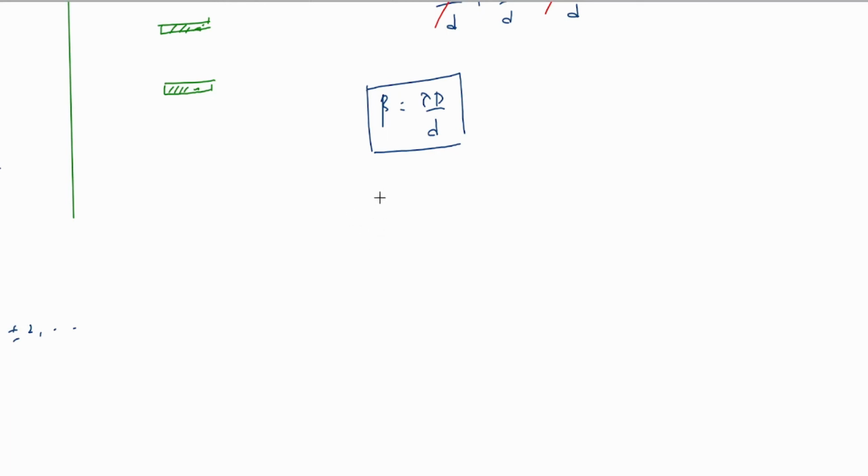In that case, let us call the fringe width beta medium. Now when the whole apparatus is placed in some other medium, or if the distance between the slits and the screen is filled with some medium, then lambda will change.